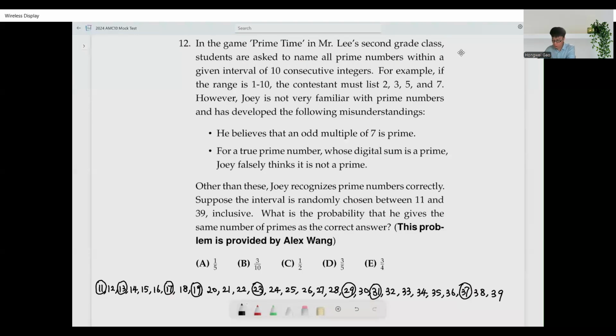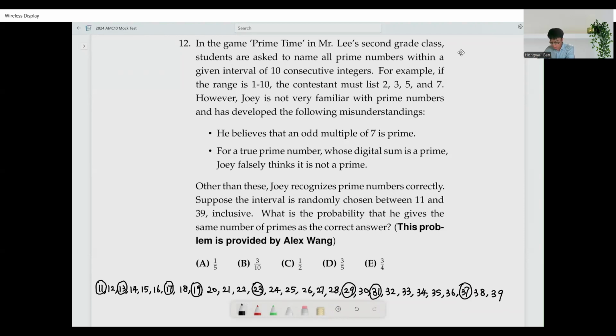Question 12. In the game Prime Time, an interval of length 10 is randomly chosen between 11 and 39. Joey needs to find all prime numbers in this interval, but he has two misunderstandings. The question is, what's the probability that he still gives the correct number?